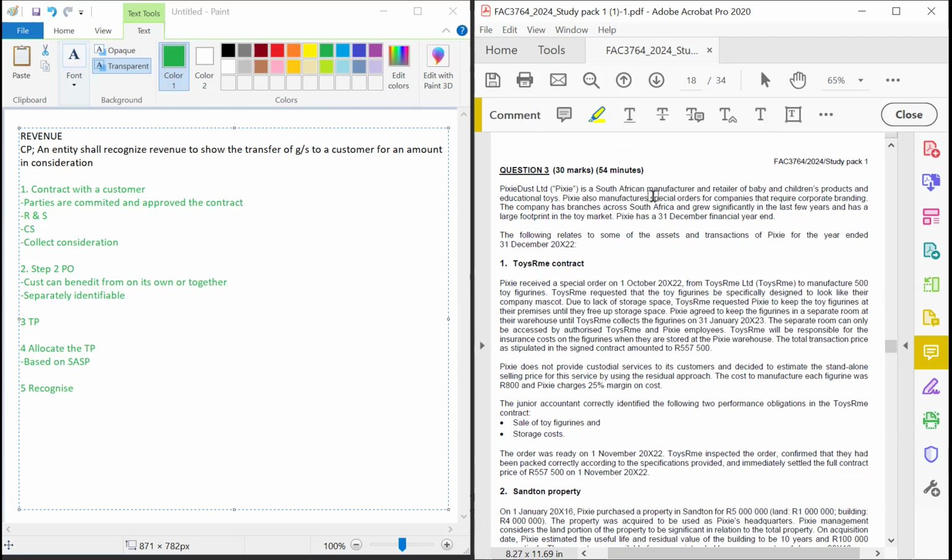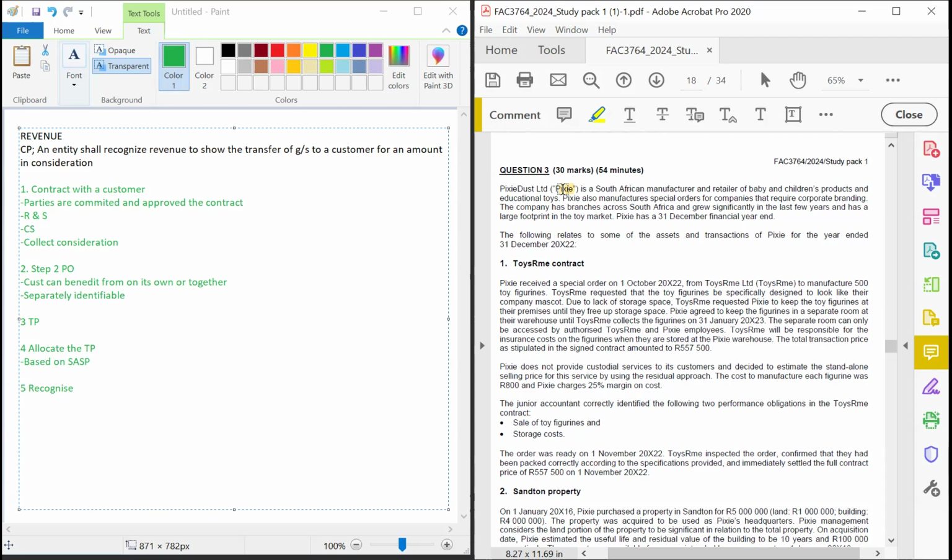Okay, so now Pixie Dust Ltd, hereafter known as Pixie, is a South African manufacturer and retailer of baby and children's products and educational toys. Pixie also manufactures special orders for companies that require corporate branding. The company has branches across South Africa and grew significantly in the last few years and has a large footprint in the toy market.